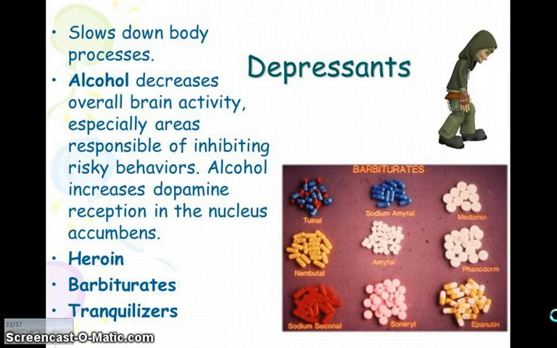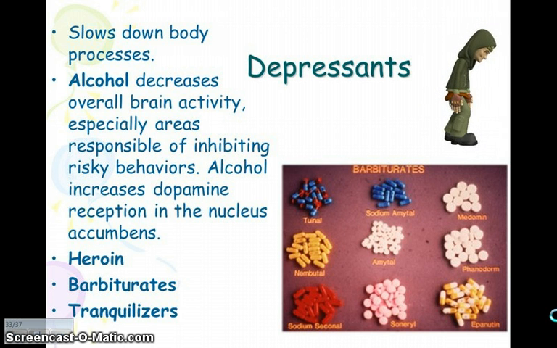Depressants do the opposite of stimulants. Depressants slow down the body's responses. Alcohol is a depressant. Now, it depresses a variety of things in the brain. Basically, it depresses almost all brain activity, but especially areas responsible for inhibiting risky behavior.